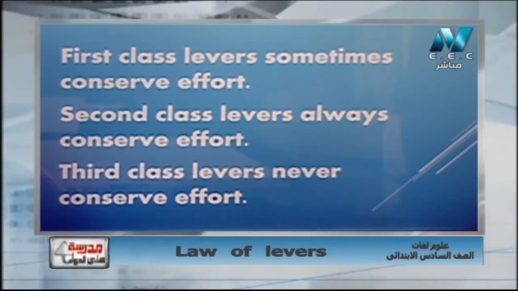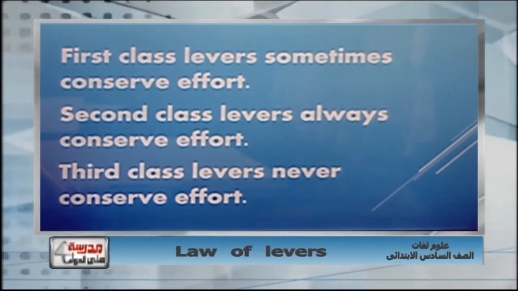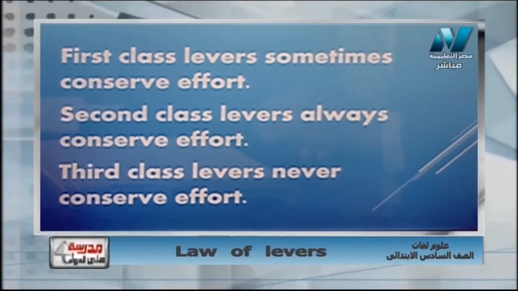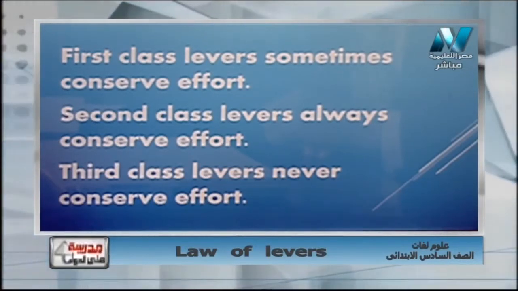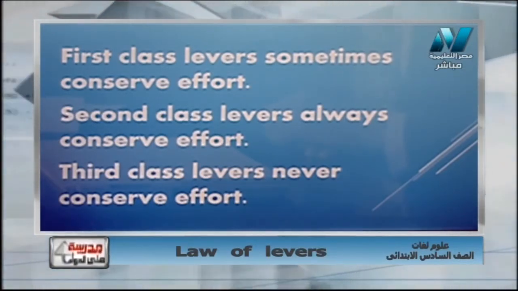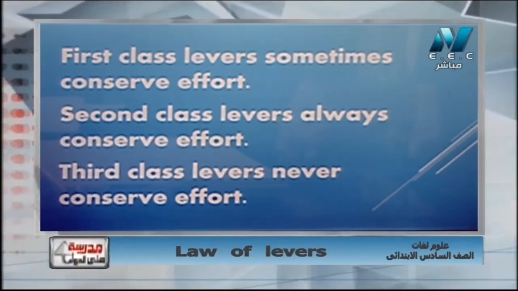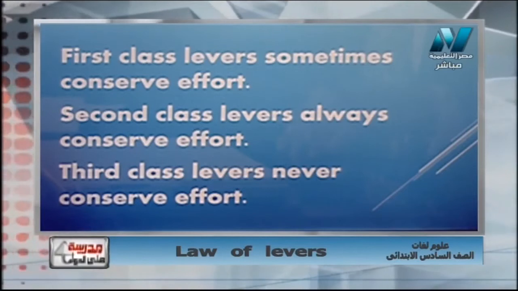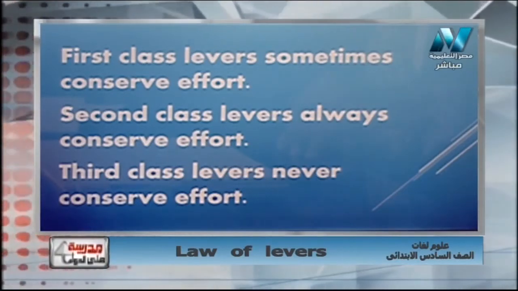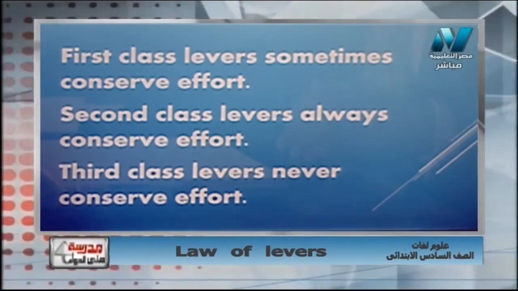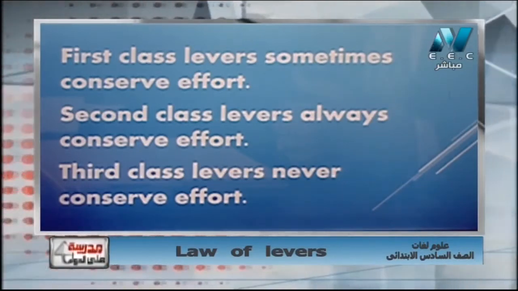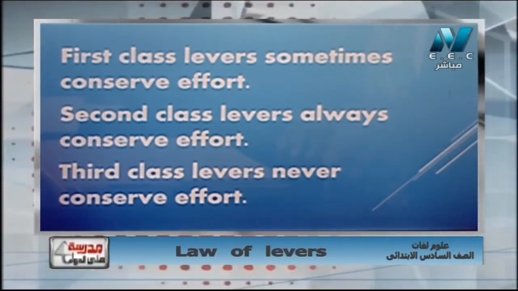While third class levers never conserve effort. Give reason. Because resistance arm in third class lever is always longer than effort force arm. That means we have to exert more effort force to move smaller resistance.